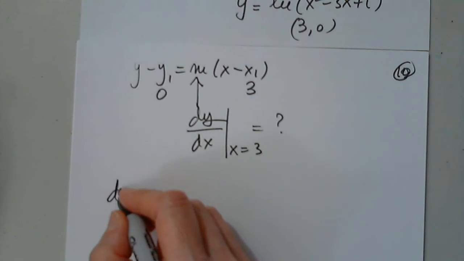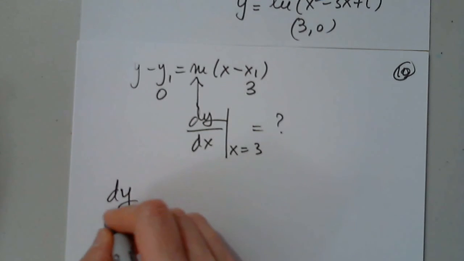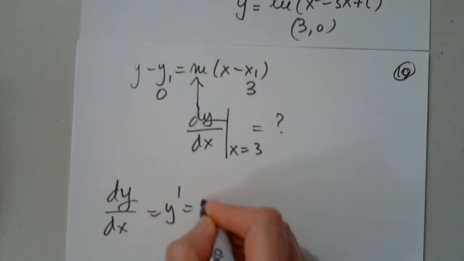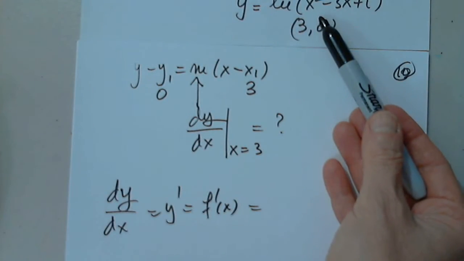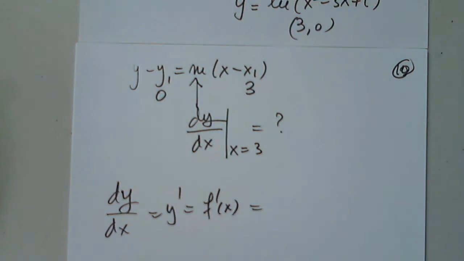So can anyone give us dy over dx or y prime or f prime of x? That's all I need for this function. Can anyone refresh our memory on how to differentiate natural log of a function?